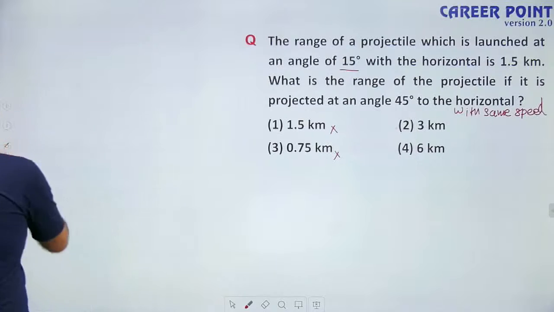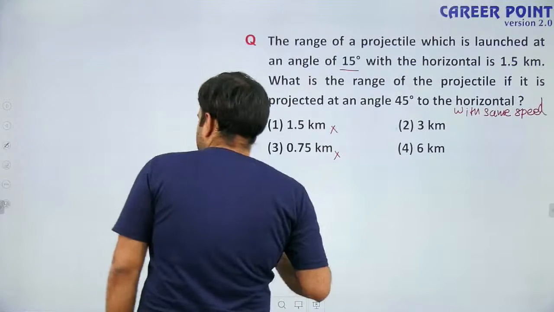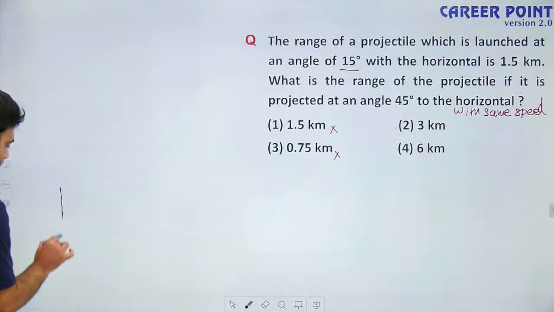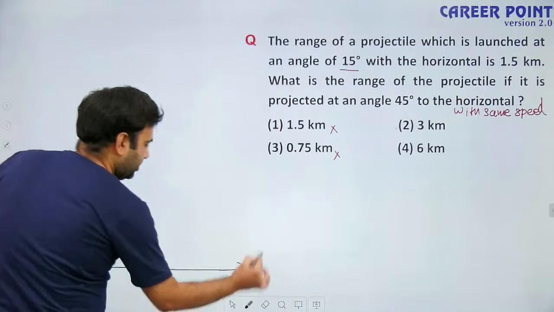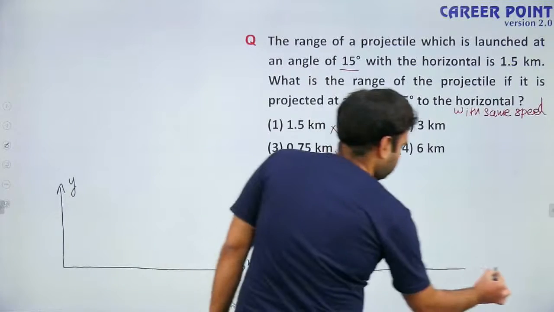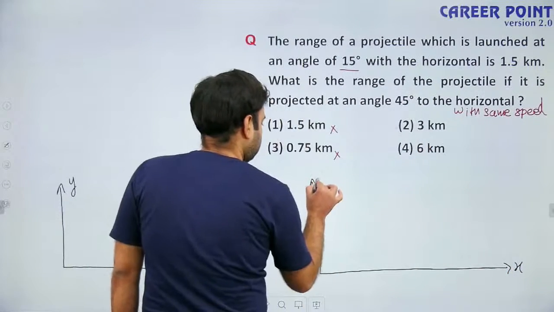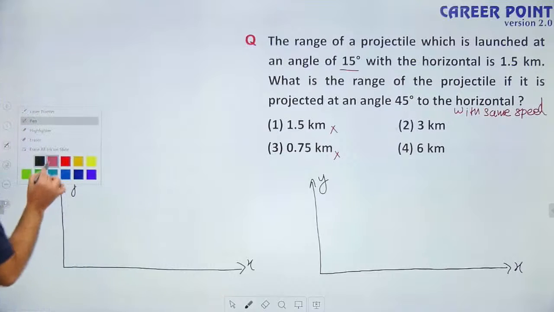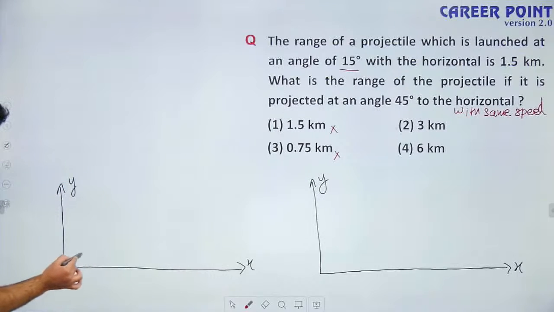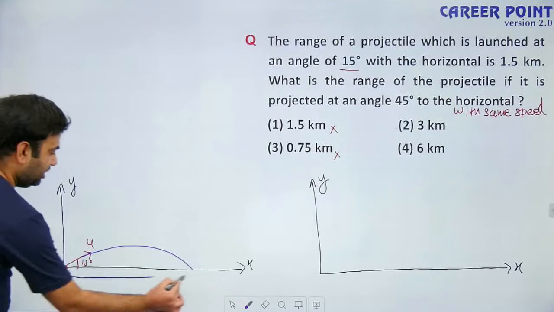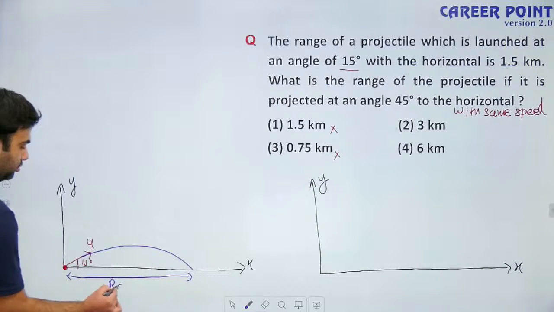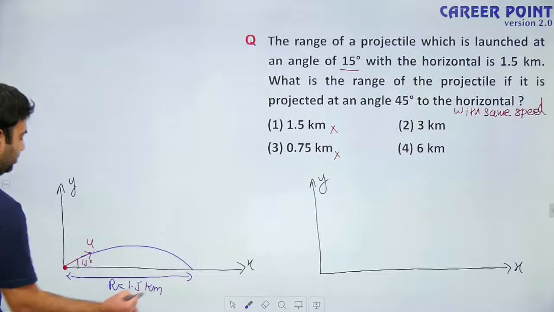Now, let's solve this question. What does the question say? The question says that we have two cases. In the first case, we throw a projectile at an angle of 15 degrees and it has a range equal to 1.5 kilometers.